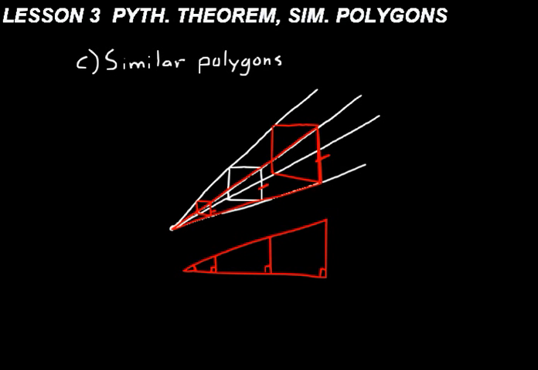One of the most important applications of similar polygons, and understanding how they can be similar just based on similar triangles, is in map making. If you couldn't make similar polygons, you wouldn't be able to make scale models of different things, whether it's a map or maybe just a model car that you were going to make.